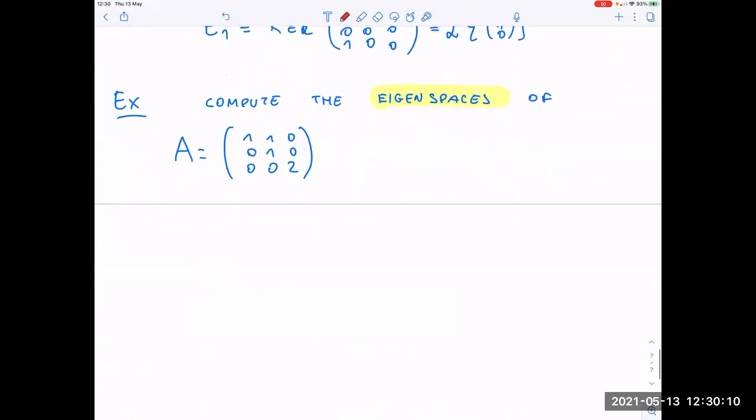Okay, now let's think about the eigenspaces of A. So first, what are the eigenvalues and how do you find the eigenspaces? So Ashbairagi says, well, the trace is the sum of the diagonal elements of the matrix, and the determinant of the 3 by 3 matrix is the determinant of the 3 by 3 matrix.